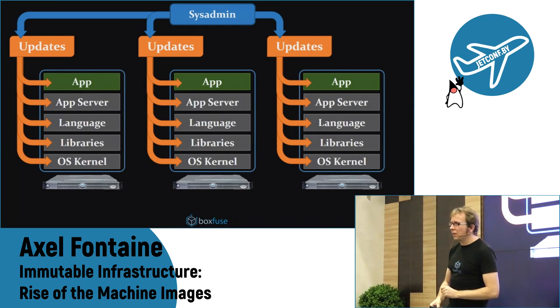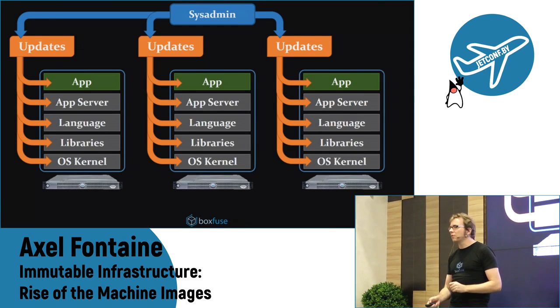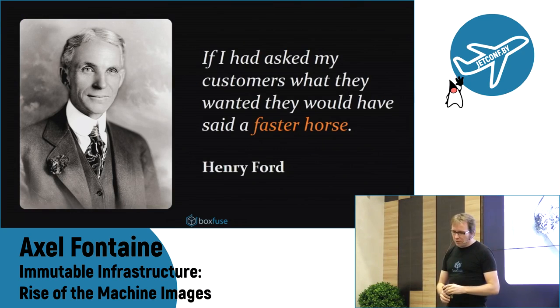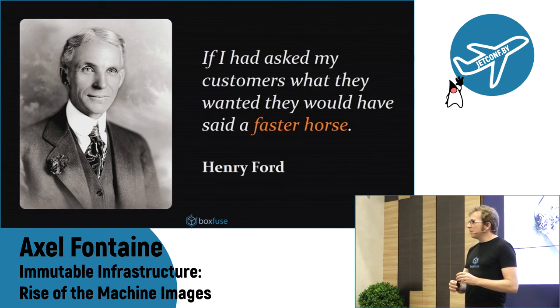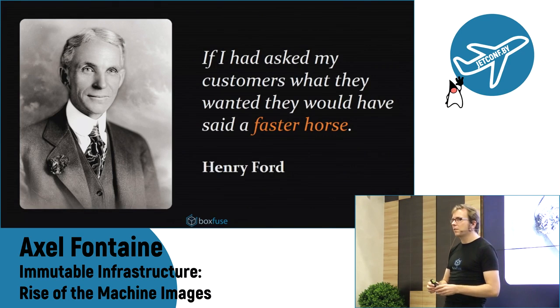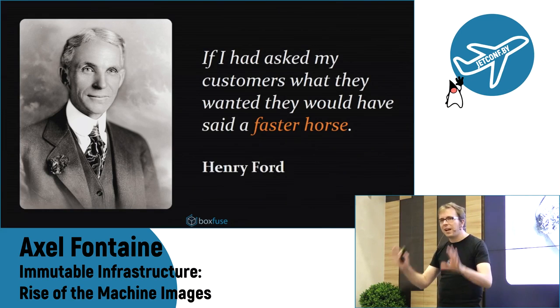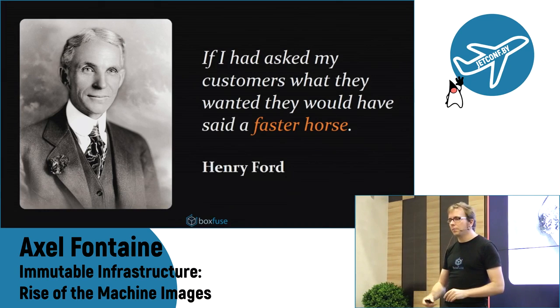Now let's travel a little bit further back in time, about 100 years ago. And we had this gentleman in the automobile industry, and he had this famous quote. If I'd asked my customers what they wanted, they would have said a faster horse. And guess what? This is exactly what we got in IT.